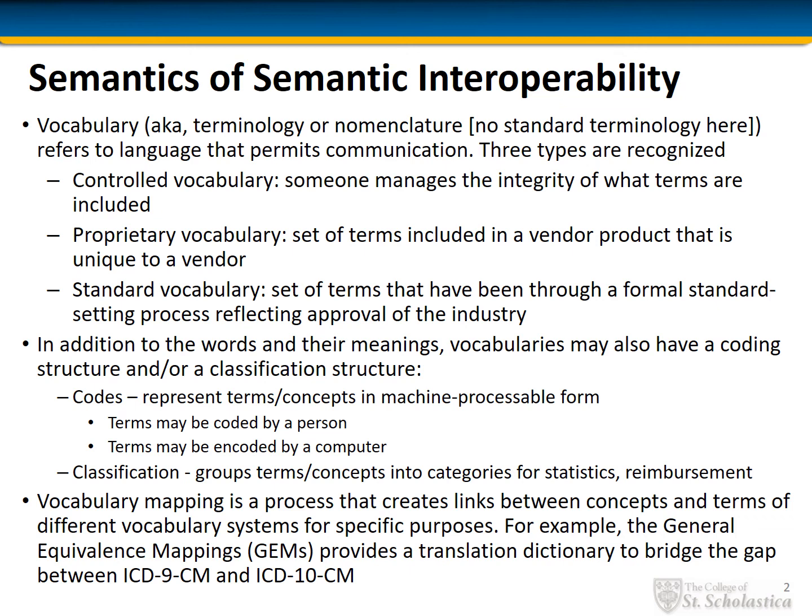In other words, one terminology may be extremely granular by nature, often the example given is SNOMED, and another terminology less so. ICD-9-CM was significantly less granular than SNOMED. ICD-10-CM is somewhat less granular, but is approaching the same granularity level as SNOMED.